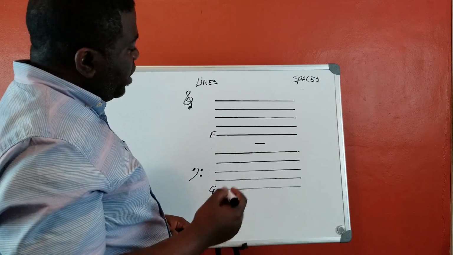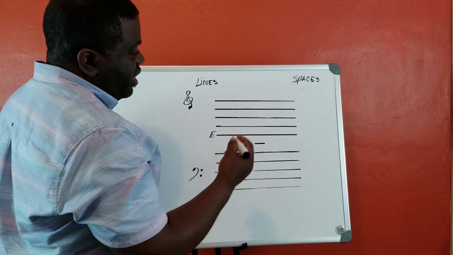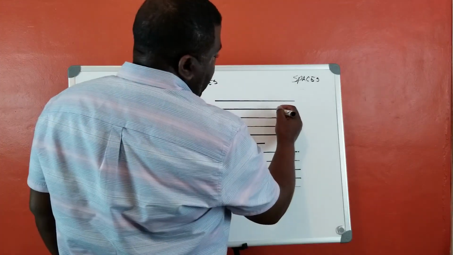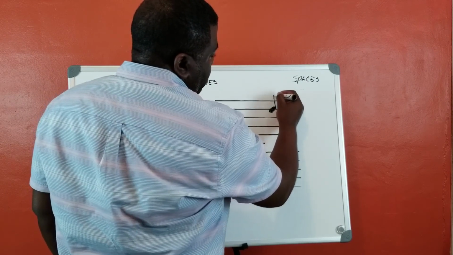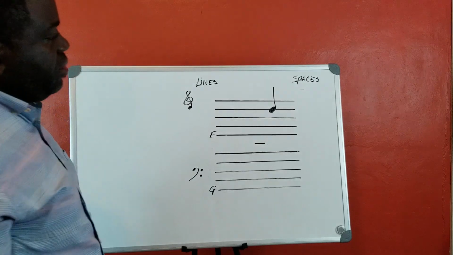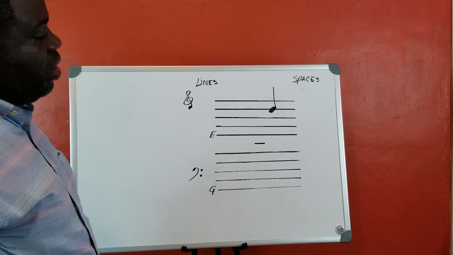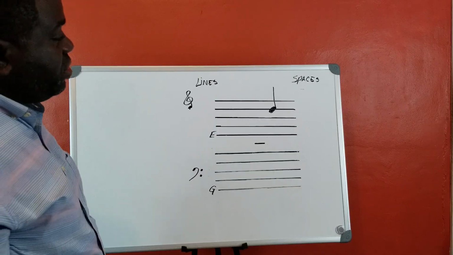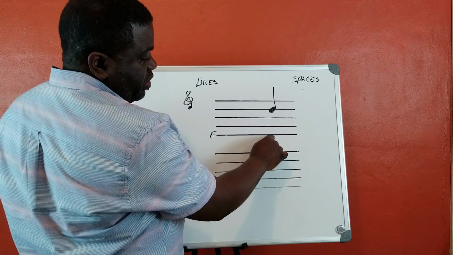Quickly, really quick, just a little test. If I put a quarter note right here, right? For you guys, what's the name of that note? Okay, so what we'll do is follow E, which is the bottom line.